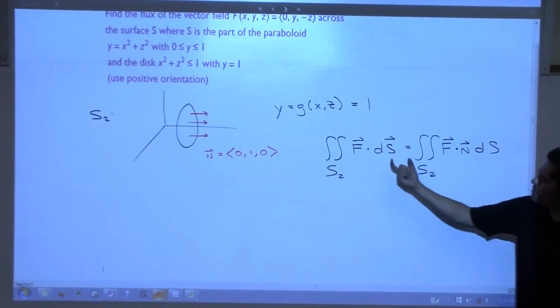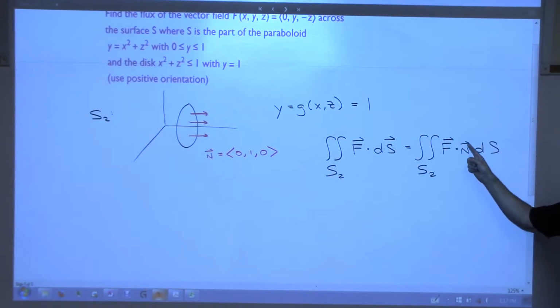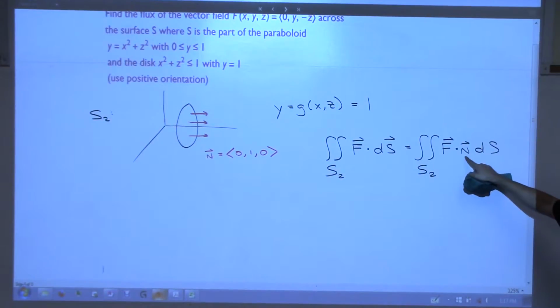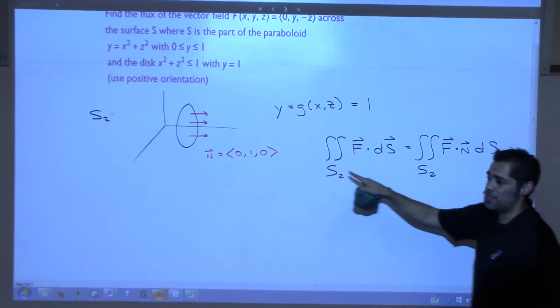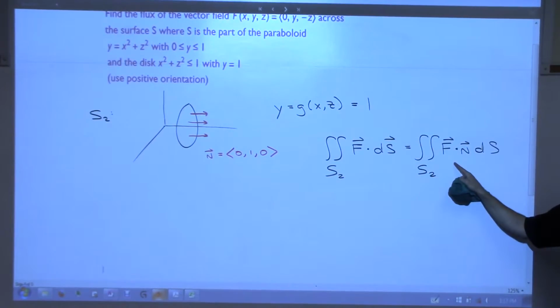What happens is this d vector S turns into n dS, where this is the surface. All right? The value of this formula is that if you know how this normal vector behaves, especially if it's always the same, then this dot product becomes very easy to compute.